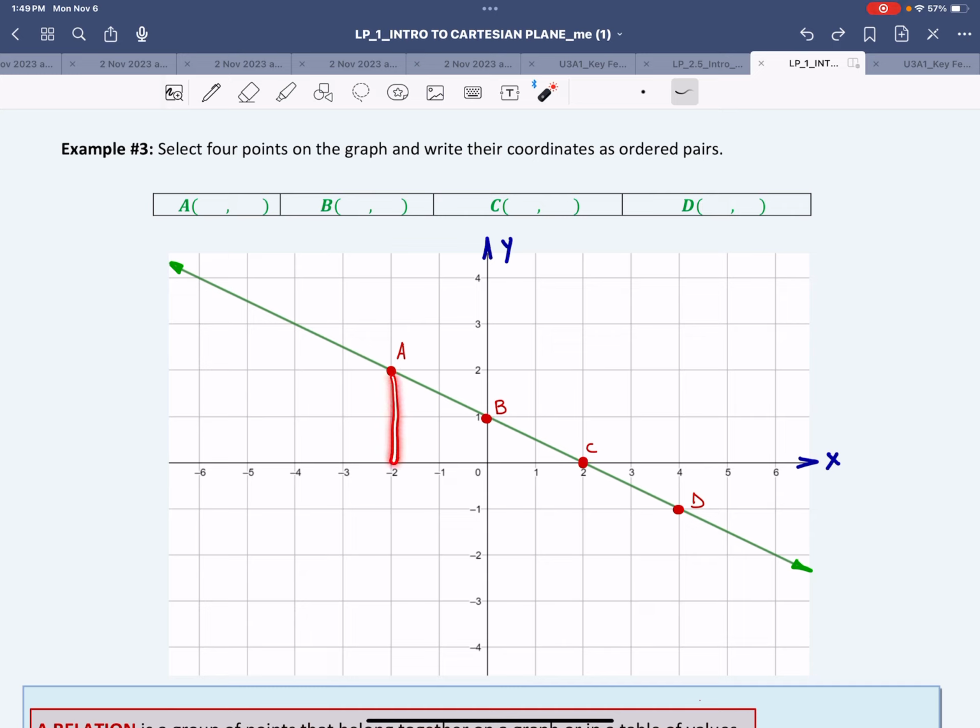And you can determine the coordinates of A by dropping a perpendicular on the x-axis, negative 2, and a perpendicular on the y-axis at 2, which tells us that the coordinates of A are negative 2, 2. For B, x is 0, y is 1. For C, we have x equal to 2, y equals 0. And for point D, we have x equals 4 and y equals negative 1.